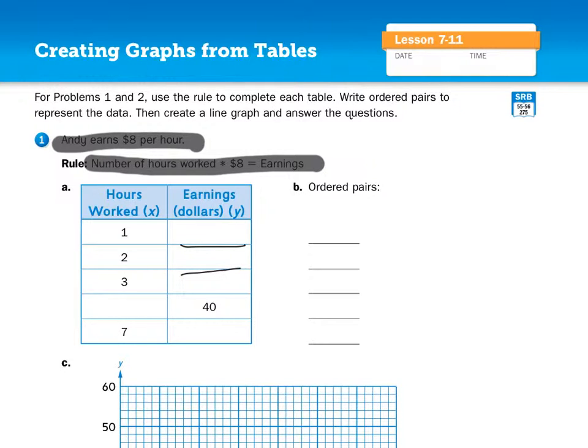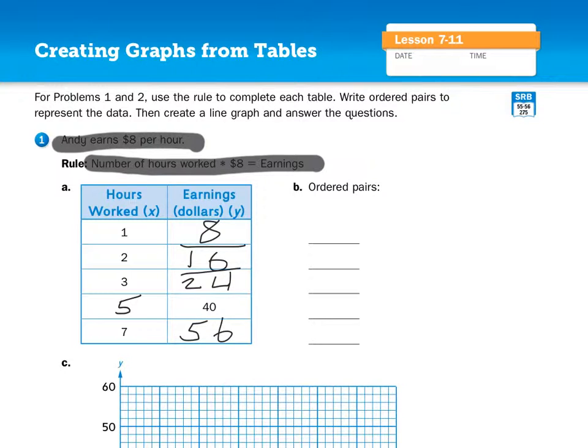So 1 hour is going to give us $8, 2 hours is going to give us 16, 3 hours is going to give us 24. For this one, 8 goes into 40 how many times? That hopefully is 5. And the last one, 7 times 8 is equal to 56.